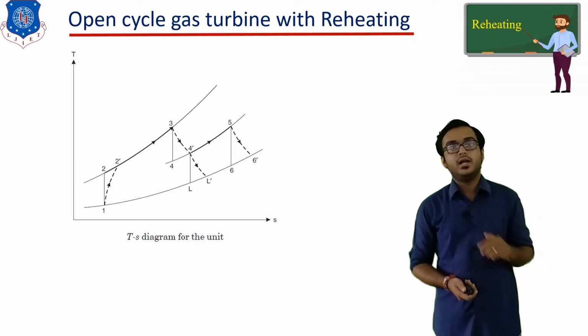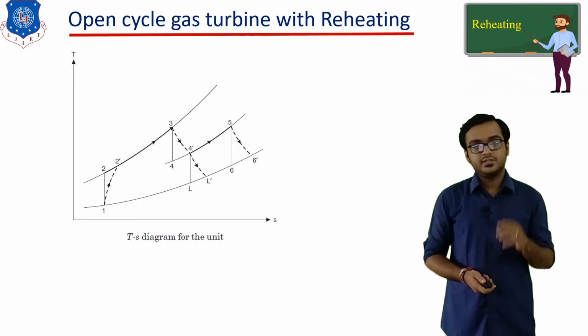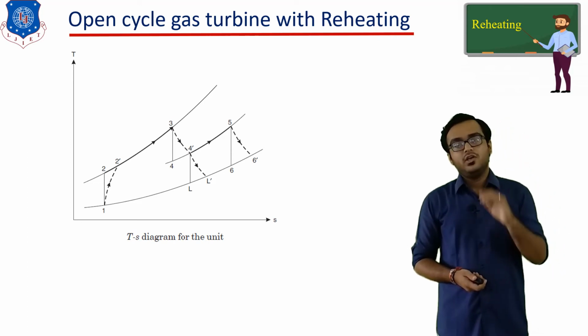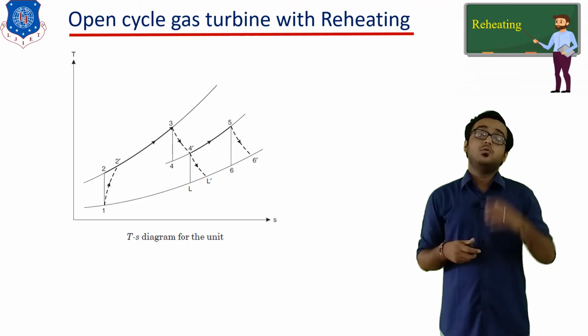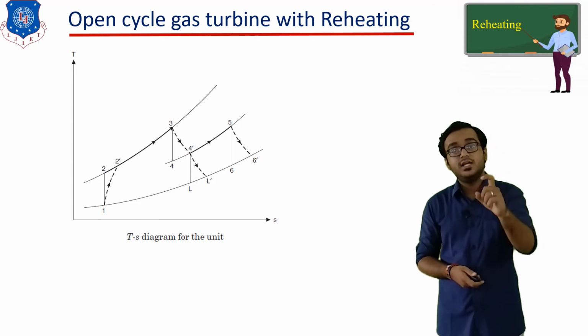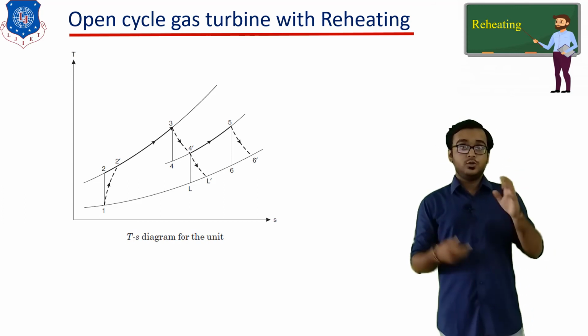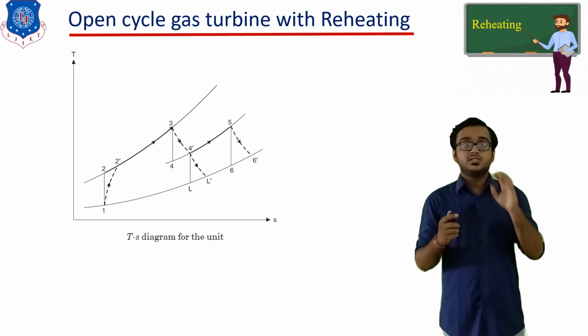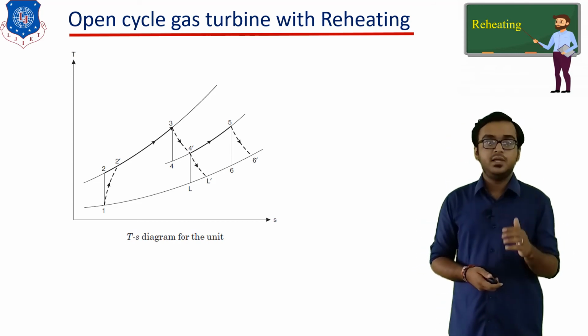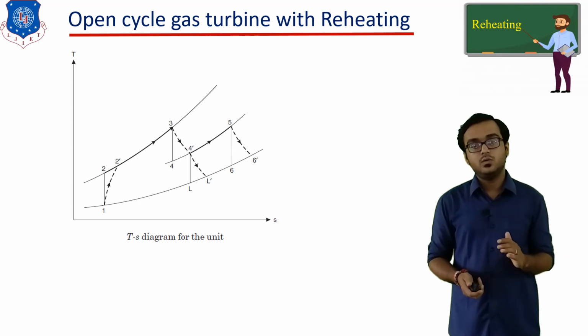Okay. Now I would like to discuss some of the mathematical equations. Here you can see in the ideal cycle, if we consider no losses, then whatever work is produced by the high pressure turbine is utilized to drive the compressor. So mathematically you can say Cp(T3 minus T4') is equivalent to Cp(T2' minus T1).